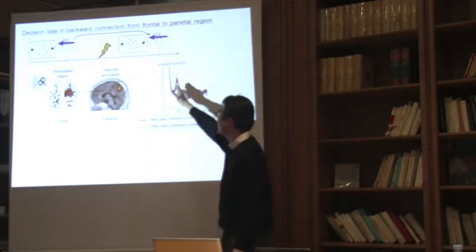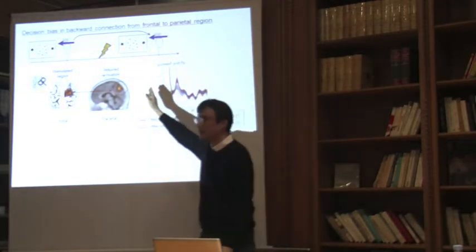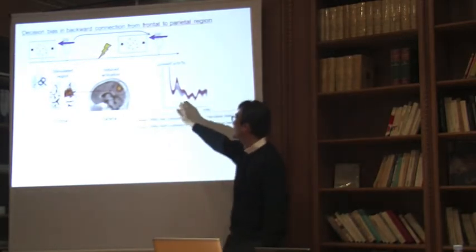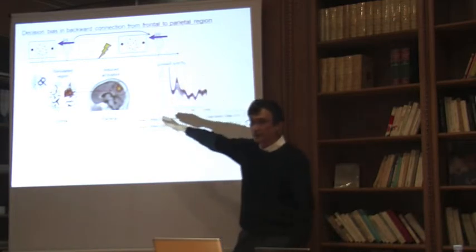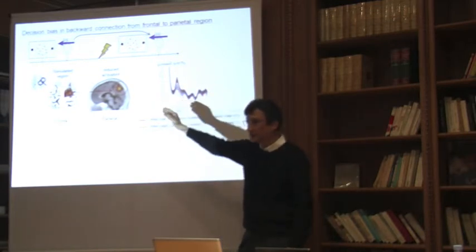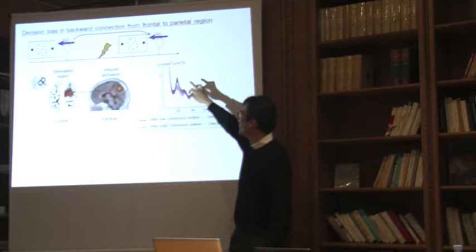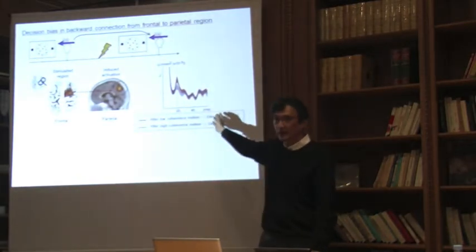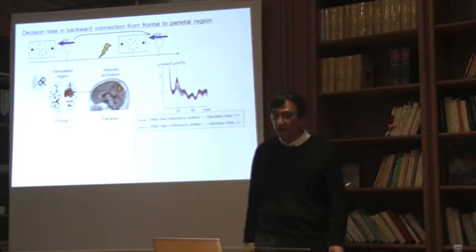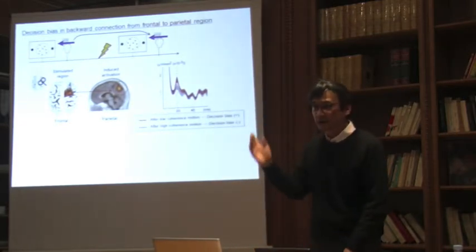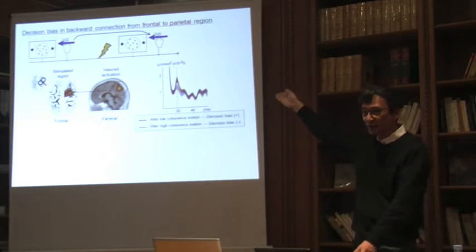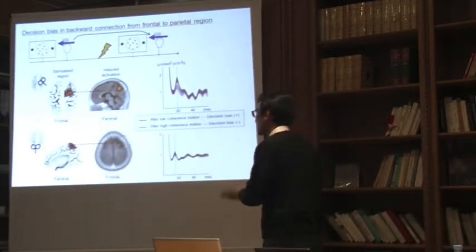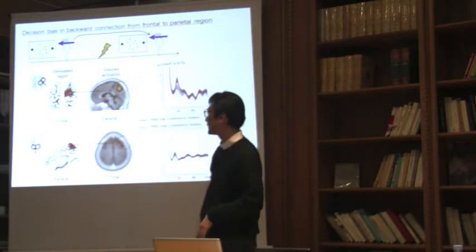This is the time course of induced activation in the medial parietal region. At 20 milliseconds, there was a peak of induced activation after the FEF stimulation. But this amplitude was larger when there was a decision biasing effect than when there was not. We then stimulated the medial parietal region, and this again induced activation in the frontal area.